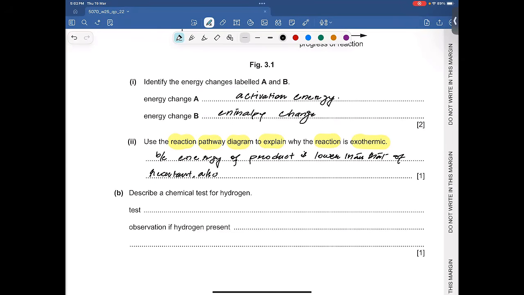Also, the enthalpy change arrow is downwards.